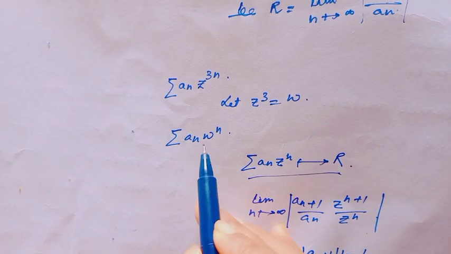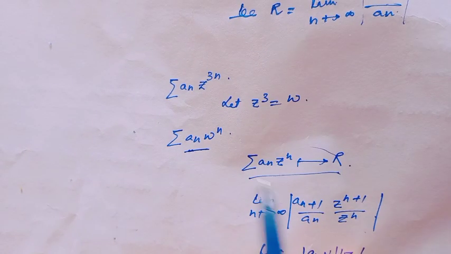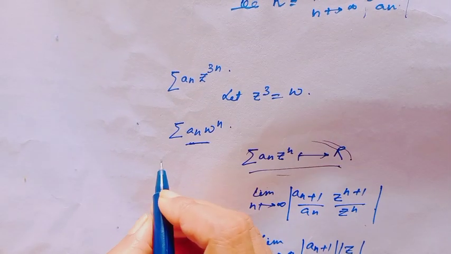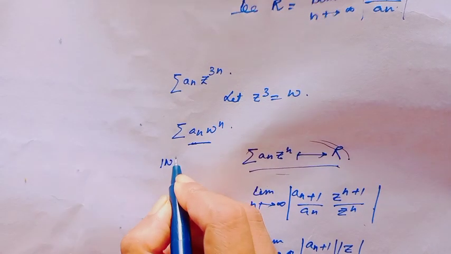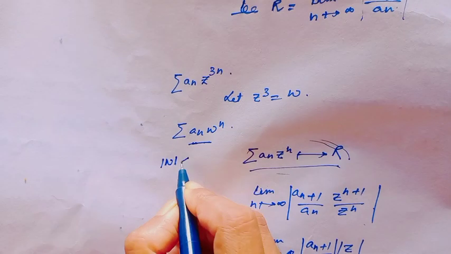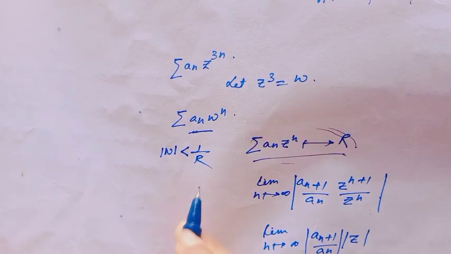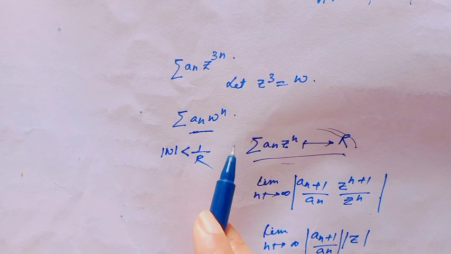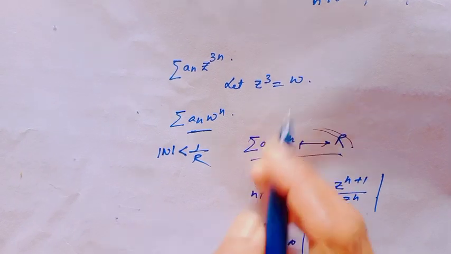Therefore, since this is similar to this type of power series, we can tell by this expression that absolute value of w is less than r, and that means the radius of convergence of this power series is also r, but here w means z cube.